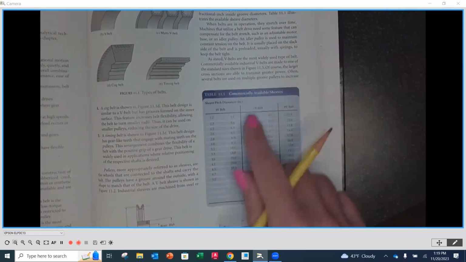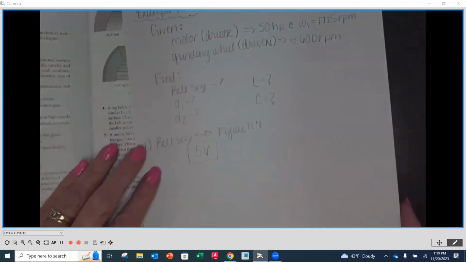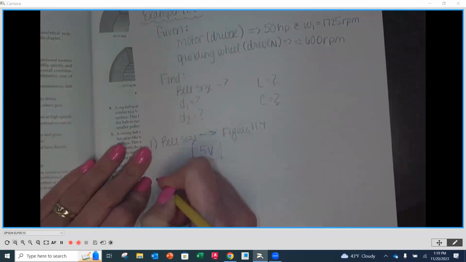That's why we need to know first what our belt size is. Then that helps us determine which sheaves we're able to pick from, because we need to pick off of this list. So next we're going to look at diameters 1 and 2.